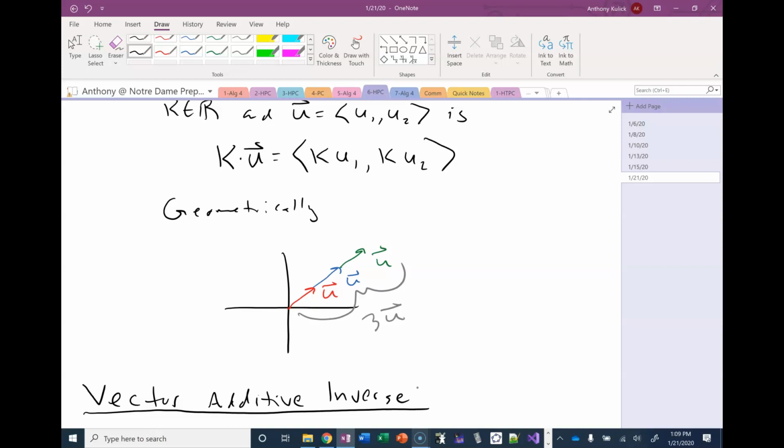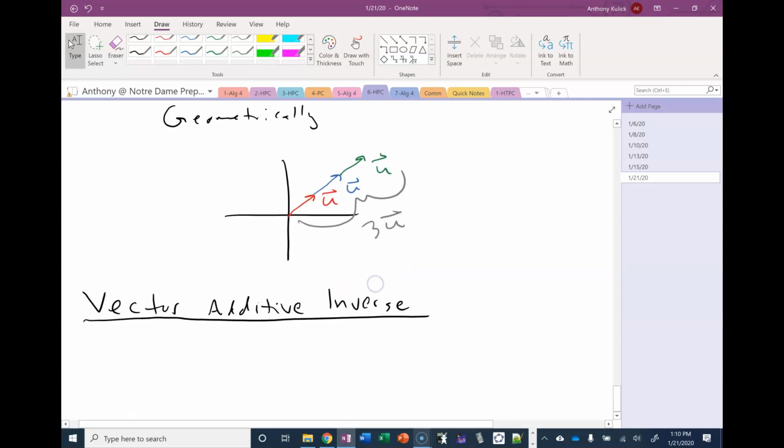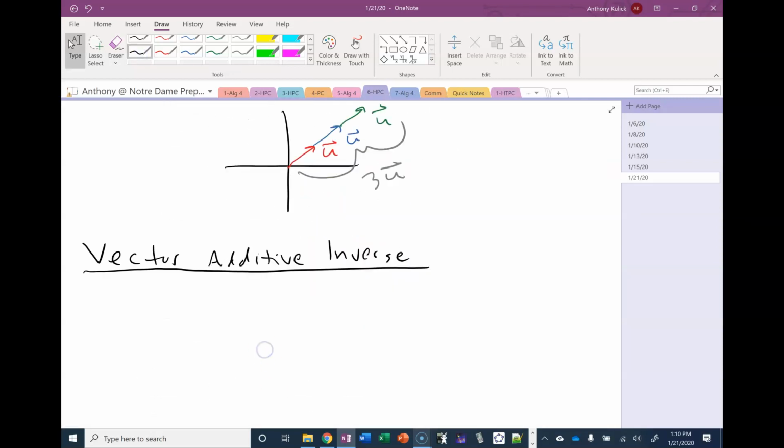Well, when you add them together, you get 0. Okay? So let's say we have the component form vector 3, 5. What's the additive inverse of that vector going to be? -3, -5, right? That's the idea. Okay, so it's the same thing that you've seen before.